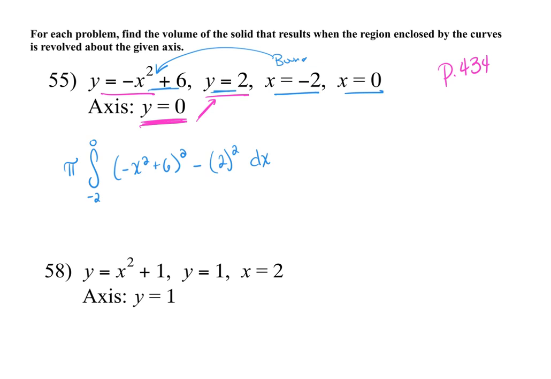So I'm going to FOIL this guy. That's going to be x to the 4th minus 12x squared plus 36 minus 4. And of course, this guy just is 32. And then I'm just going to integrate. So it's going to be 1/5 x to the 5th minus, I'm adding and dividing, so 3x to the, was that a 2?